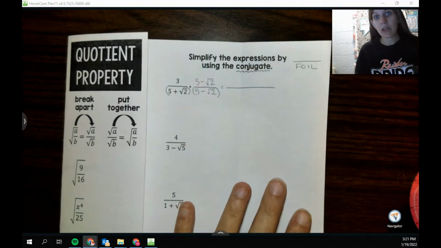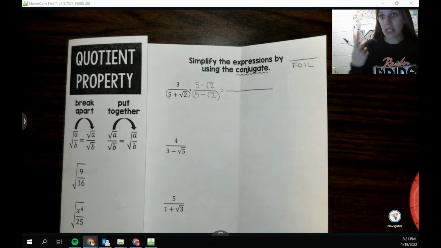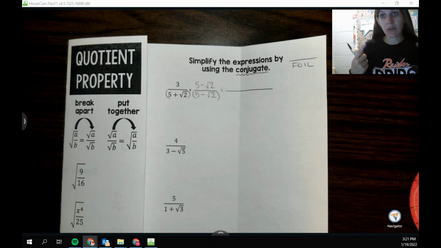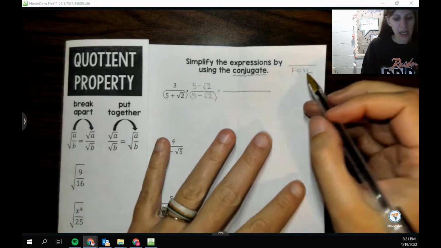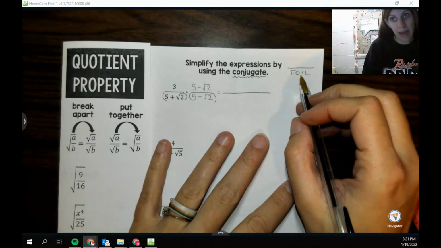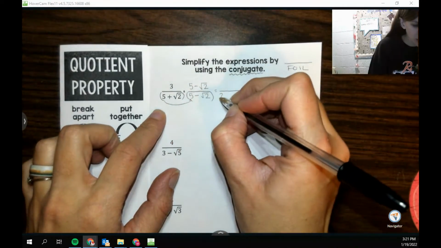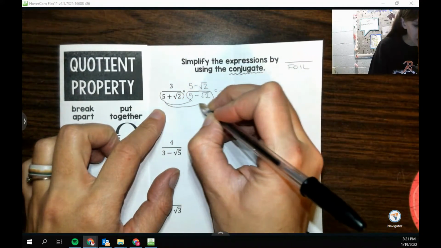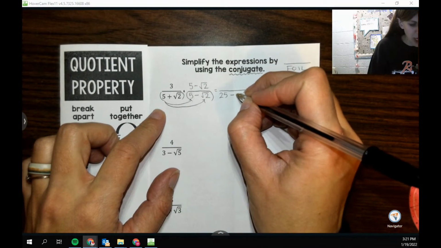So typically when you have 2 numbers in the bottom like this, and you're trying to get rid of the radical in the denominator, rationalize, that's the word, goodness me, you're going to FOIL on the bottom. So we're going to do first times first, outer, which I don't know how to multiply that, we're just going to smush it up.